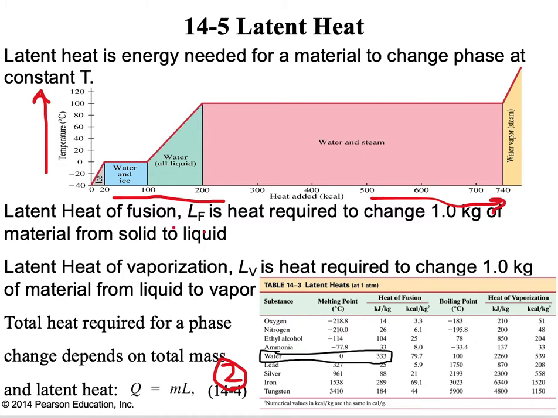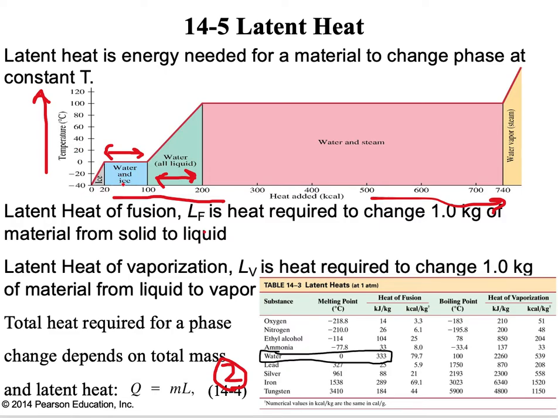Here we have ice in blue, and there is a temperature range where we have ice from 20 to 100 heat being added. And then we have a water range from 100 to 200 kcals where heat is being added. And on the left is our temperature change.